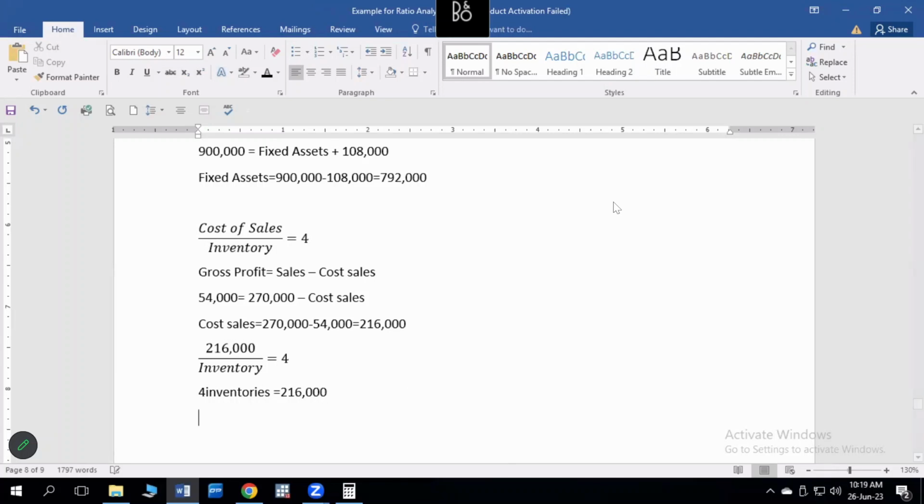So inventories is equal to 2 lakhs and 16,000 divided by 4.